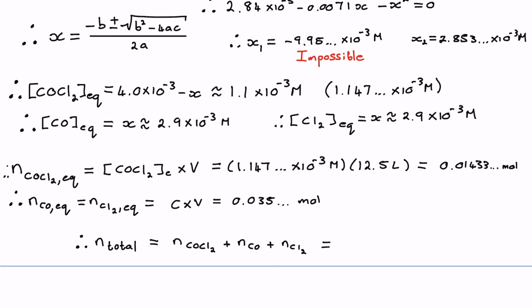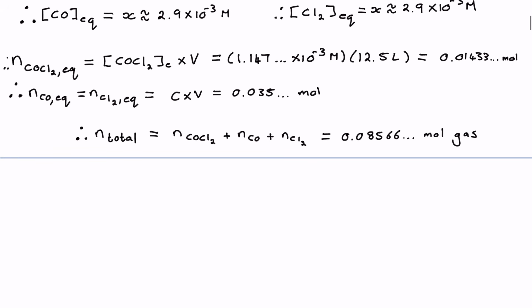Alright, so it is 0.01433 plus 0.035 plus 0.035. Alright, and that gave me a total value of 0.08566 and some numbers mole gas.